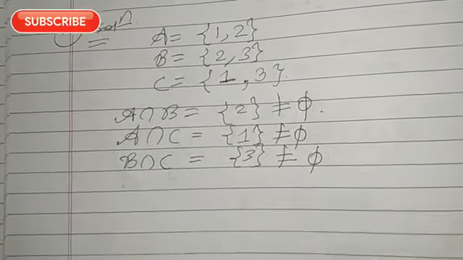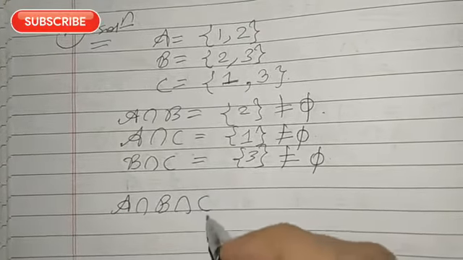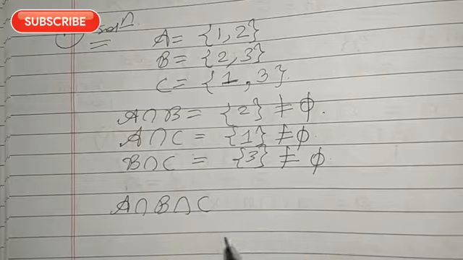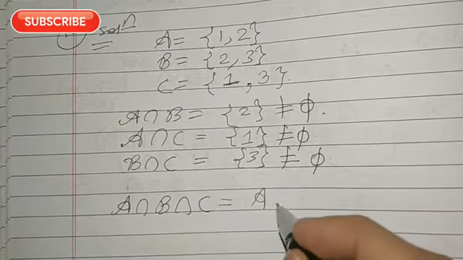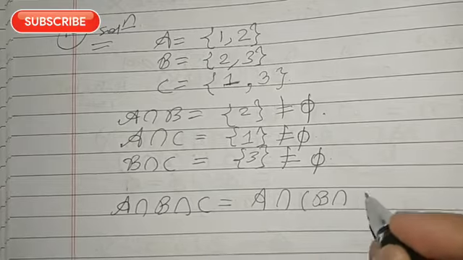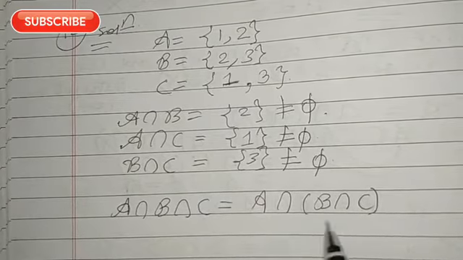But what about A intersection B intersection C? That we have to see, right? This should be the empty set. So let us check. We'll first take B intersection C, so I am putting the bracket for B intersection C.